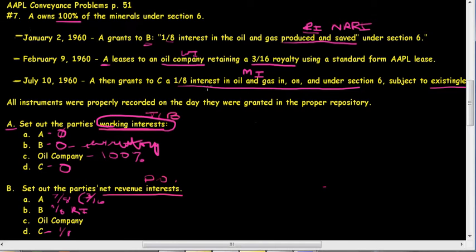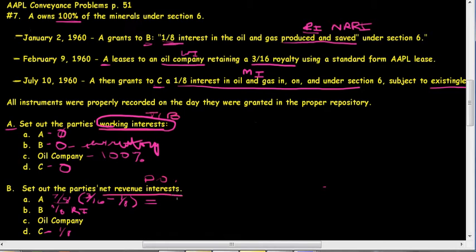And she also had previously conveyed this 1/8 royalty interest to B. And so now we have to subtract that 1/8 royalty interest from the 3/16. So her calculation would be 7/8, because she gave the other 1/8 interest to C. Instead of owning 100% of the minerals, she now only owns 7/8 of the minerals. And then we're going to do 3/16 minus 1/8.